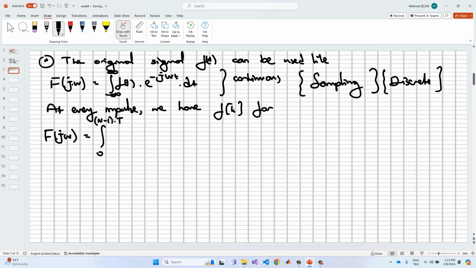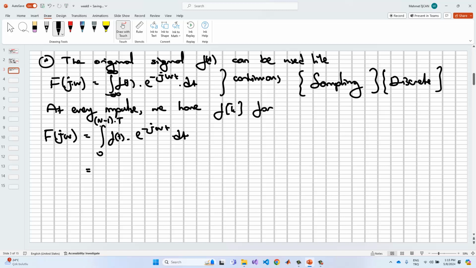Okay? And so this integral can be written just like this one by applying the impulse response in here. Okay? And so f(t) times e to the minus jwt dt can be written in here. And so if we apply the impulse response, the instant values of this integral can be obtained, right?